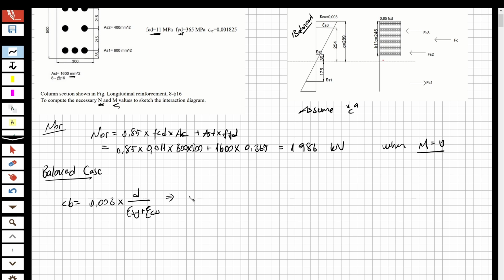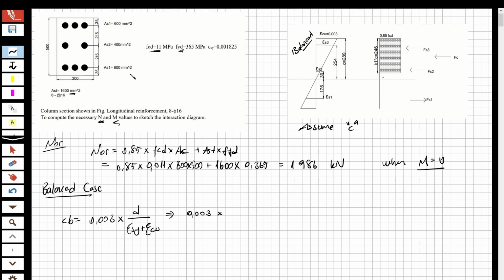Let's apply the formulation: 0.003 multiplied by d. What is d? In this question, d is 500 minus 35, which is equal to 465, and it's in millimeter.